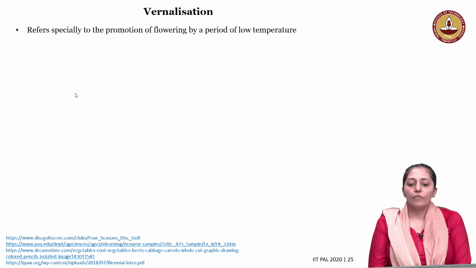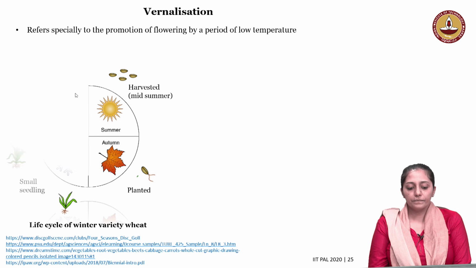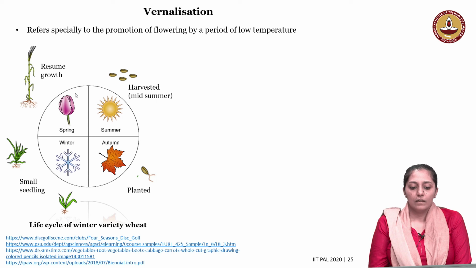So, let us see how vernalization is useful. In certain plant varieties like the winter variety of wheat, the plant uses vernalization to complete its growth cycle.